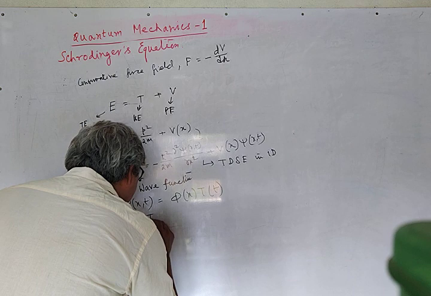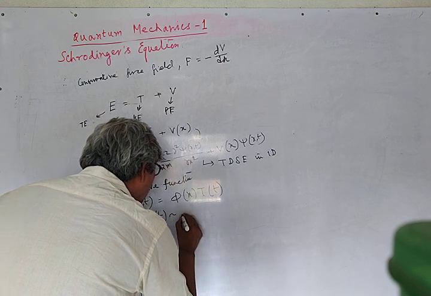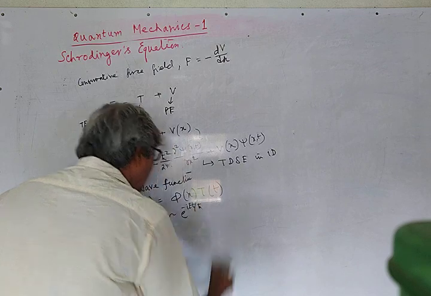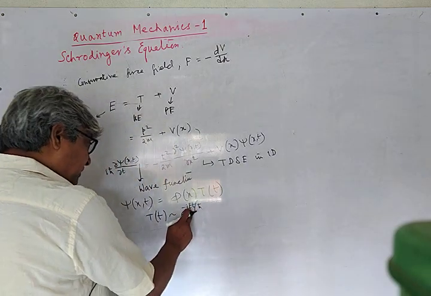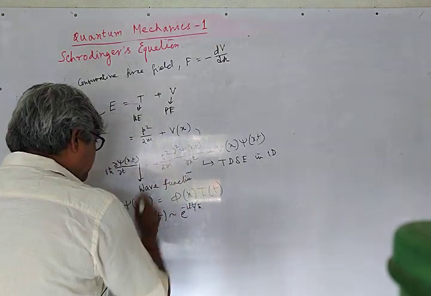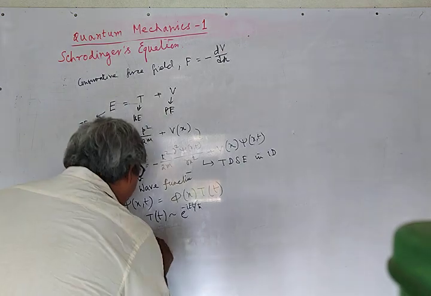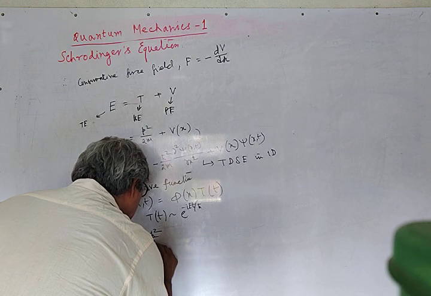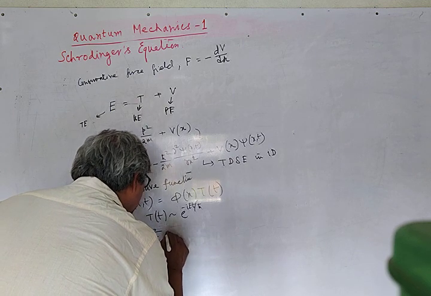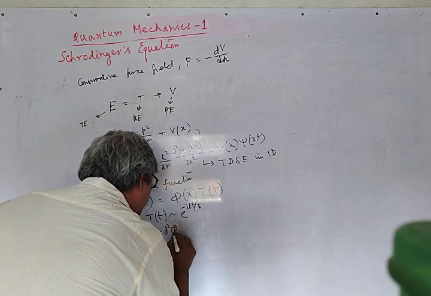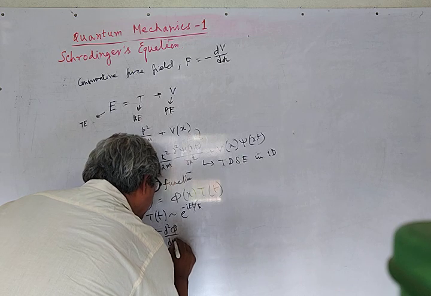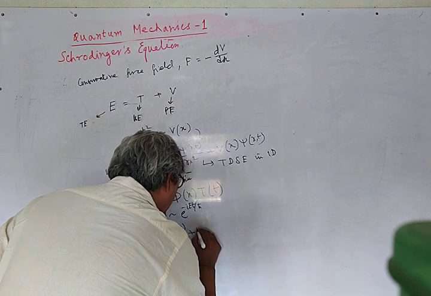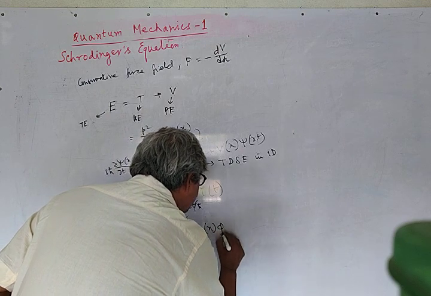The time part is this, and for this E, the space part will be governed by this differential equation. In one dimension, we need not write partial derivatives anymore because the decoupling has been accomplished.